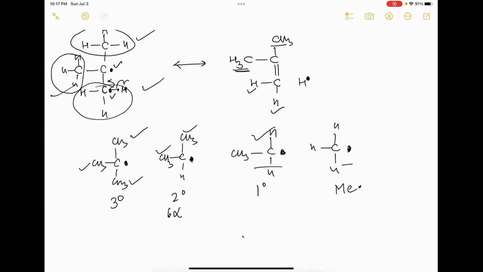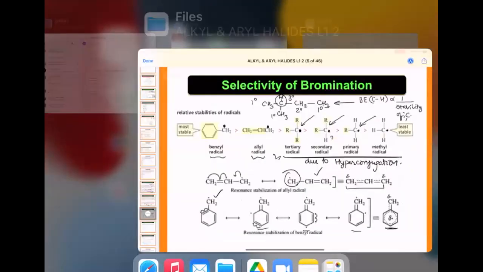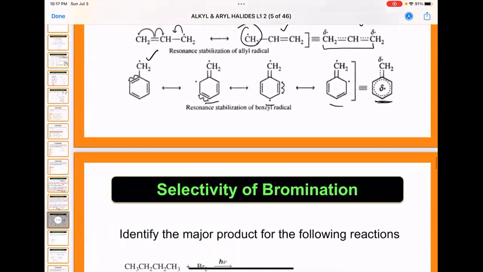In the same way, hyperconjugation also stabilizes the radical. A lot of questions come on hyperconjugation, so be very careful. But resonance stabilized radicals are more stable.